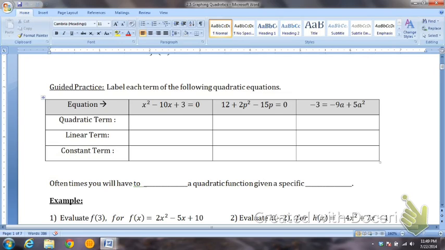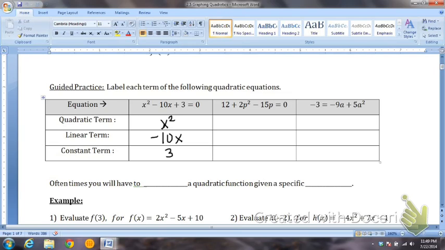Okay, so if we look at these equations and we practice labeling which one is which, if I ask you which is the quadratic term, you would all say x squared. If we look at which one is the linear term, you would say, good, negative 10x. And the constant term then would be 3.